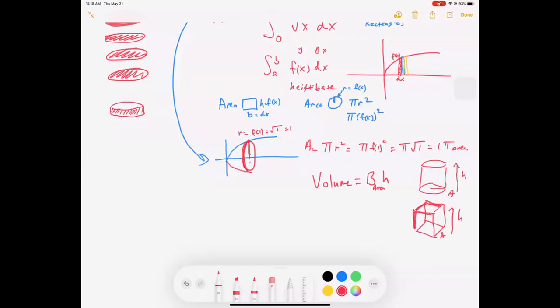Well, the thickness that we have on this problem is a little tiny sliver. And we do that in calculus by multiplying by a little bit of dx. So to find the volume here, the volume is the area of our base, which we said was going to be pi square root of 1 times a little bit of dx.